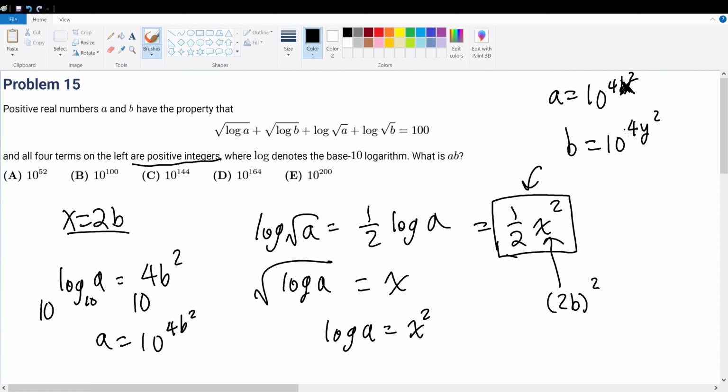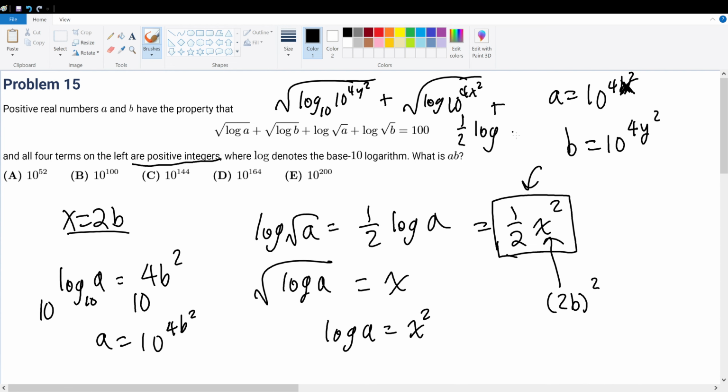So if we were to resubstitute everything back in, then we get the square root of log base 10 of 10 to the 4y squared, plus likewise for x, log base 10 of 10 to the 4x squared, plus log of the square root of a, so half of log of 10 to the 4x squared, plus half of log of 10 to the 4y squared.